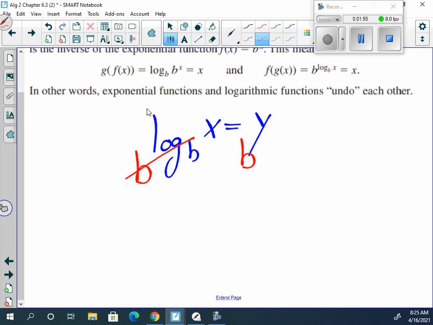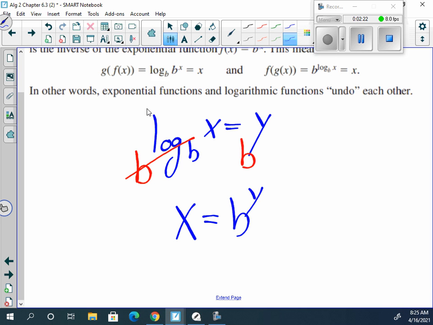Would we agree with that? Which really on the left-hand side would just leave me with x. Yes? Well, what's left on the other side? b to the y, whatever that base is. Well, isn't that what we were doing yesterday when we were switching those from one to the other? This is why. This is why this works.